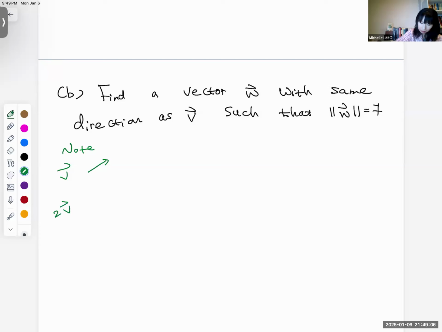We said vector 2v earlier, right? So double the size, right? And 1/2, half the size, right? So look, from the vector v, I make a double size or half size, yeah? So they go in the same direction. Can you see that? Same direction. So we say that they are parallel vectors, right?